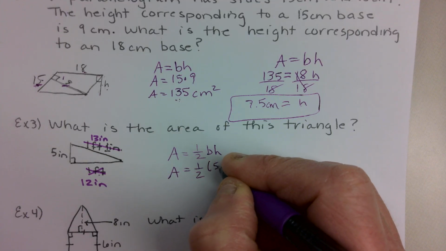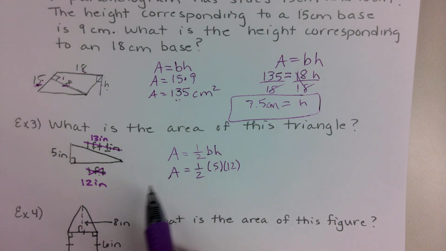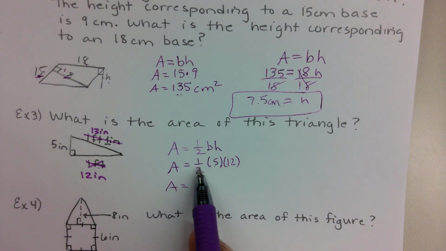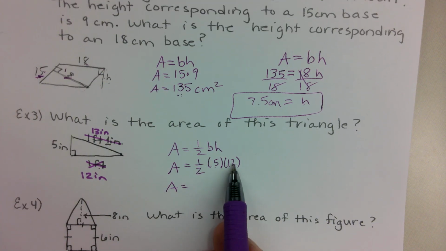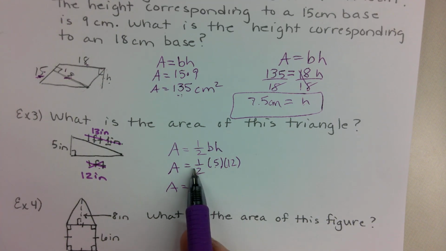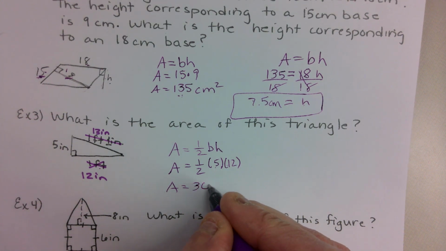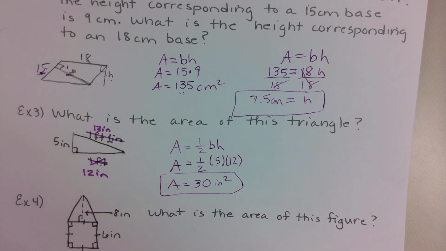It's not going to matter because of the commutative property. It doesn't matter the order you multiply them. But you can do this in your head. Don't start by doing 1/2 of 5, guys. I mean, you can, but it gives you a decimal. Do the 1/2 of the 12, because by the commutative property you can do it in any order. What's 1/2 of 12? 6 times 5, 30 inches. And it is area, so it is squared.